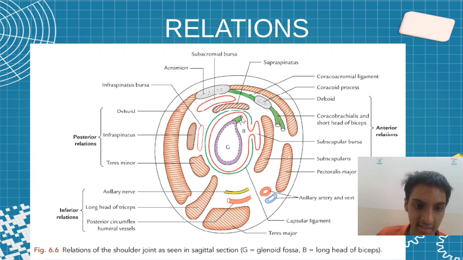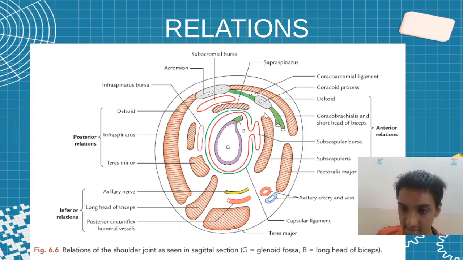Now the relations, let us see. We have the posterior, anterior and inferior relations. On the anterior, the deltoid is there. We have the coracoid and acromion process with the connecting ligament.